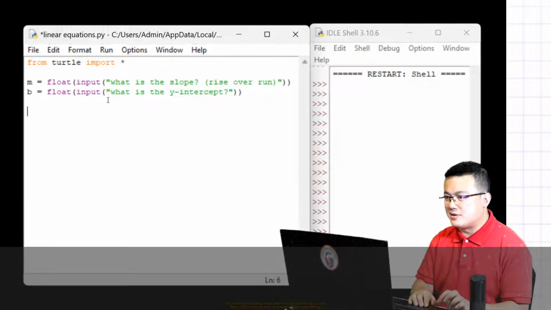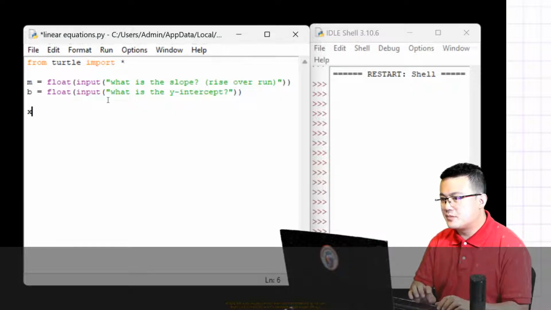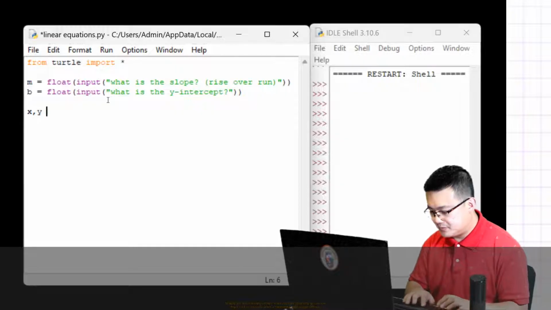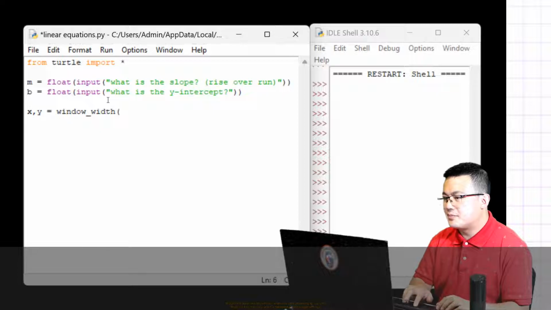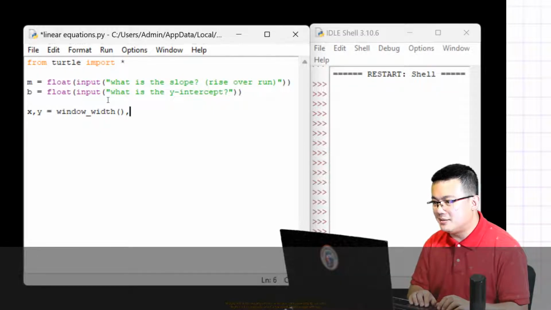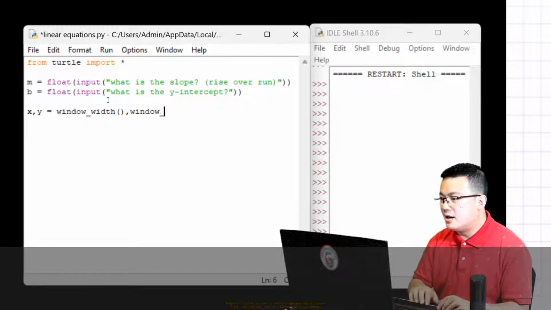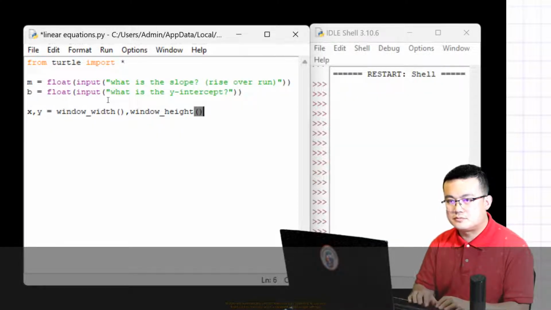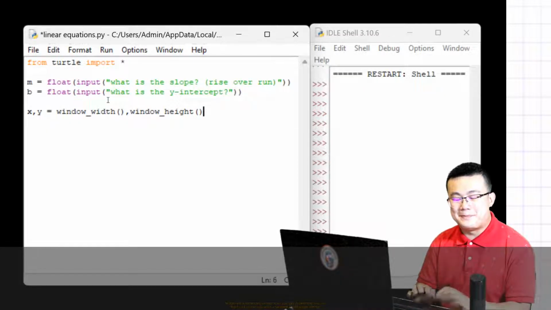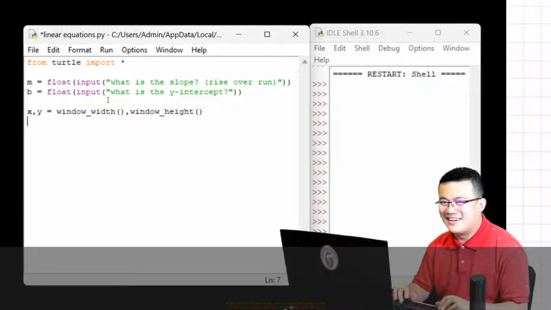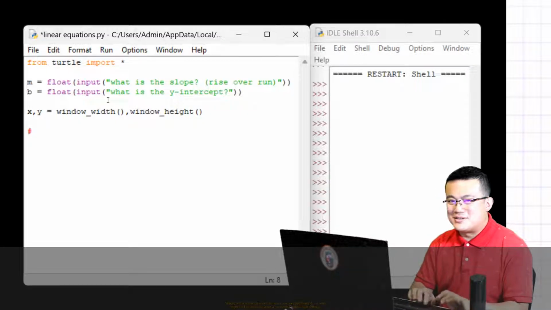We don't do this very often, but you can just go x, comma, y equals window width, open close brackets, comma, window height. So we're drawing two lines in as efficient a way as possible. All right, now let's draw the axes.